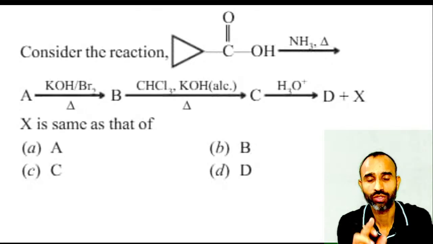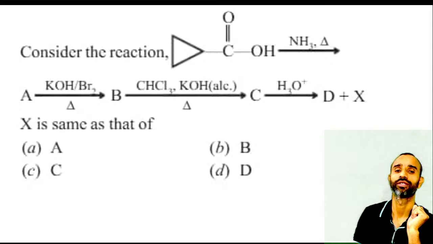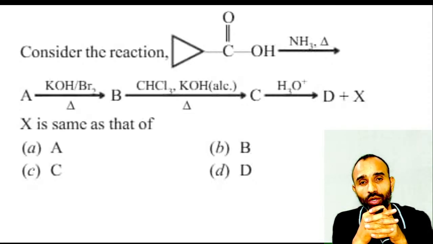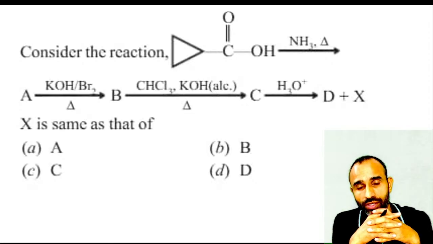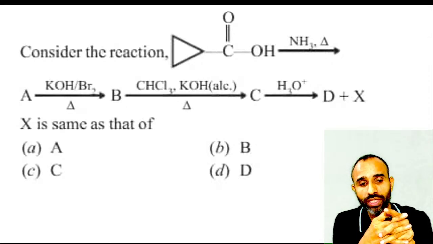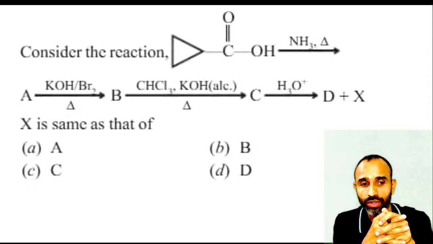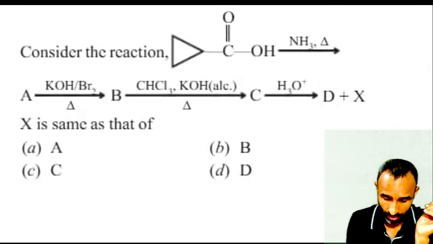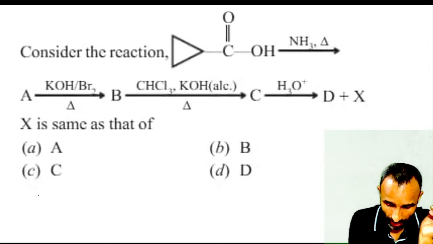So this one was the first question, right? Now this is a cyclopropyl group, so it is cyclopropane carboxylic acid. First we treat it with ammonia. When we treat with ammonia and then heat, an acid-base reaction takes place.